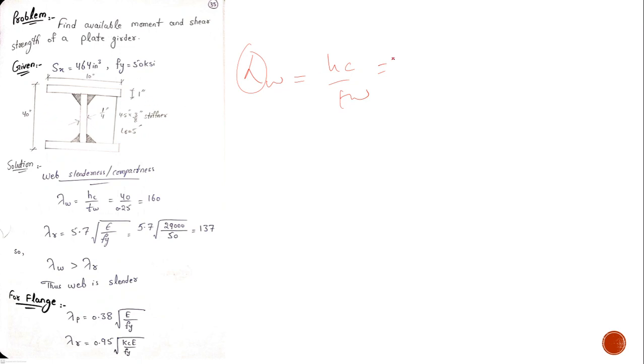This is 40 inches, since you are dealing with your web, right? 40 inches divided by the thickness of your web, which is 1/4 inch or 0.25 inches. You calculate it to be 160, right? Now, the lambda r and lambda p values, for the web you have to find those.